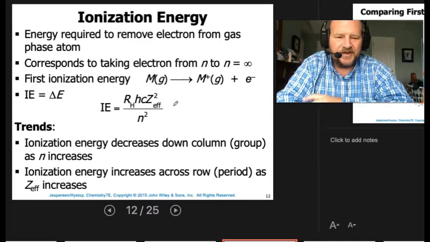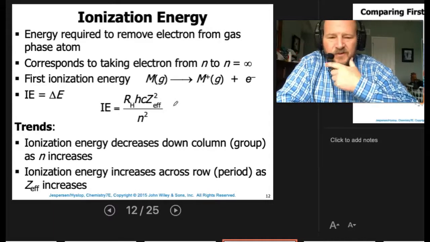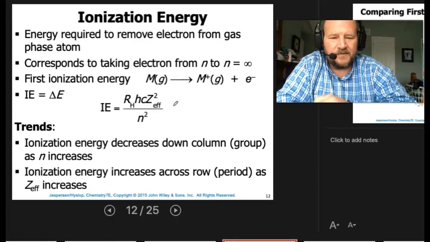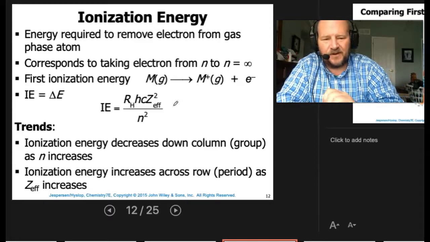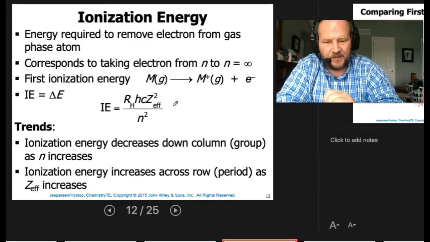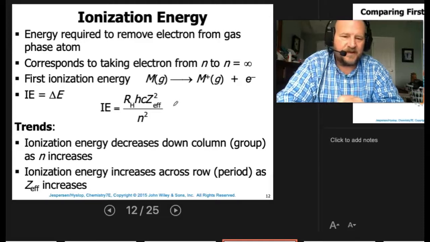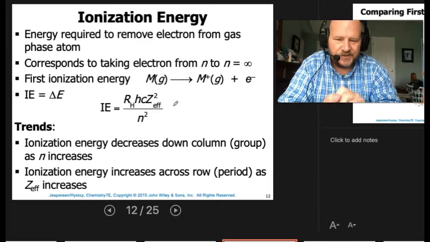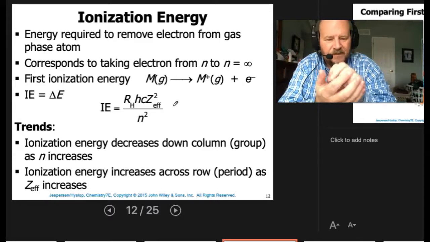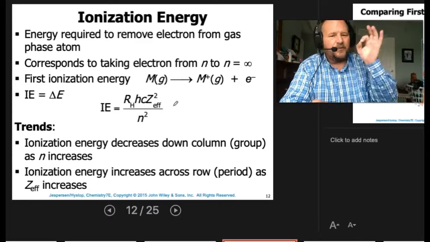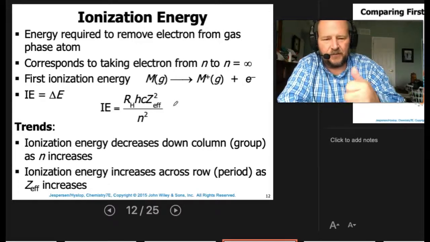Ionization energy will increase as we move across the row. That makes sense as well, because we saw that the atom was getting smaller as I moved across the periodic table because the electrons were being pulled in closer. If they're being pulled in closer, it's going to be harder to pull one out. That means the ionization energy is going to go up.